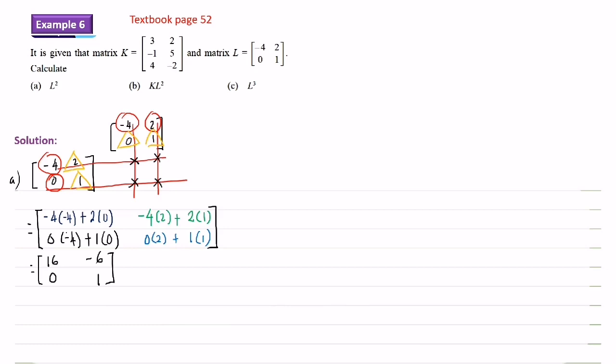Okay, now we try to do B. KL square means matrix K times matrix L square. First I write down the matrix K: 3, 2, negative 1, 5, 4, negative 2.